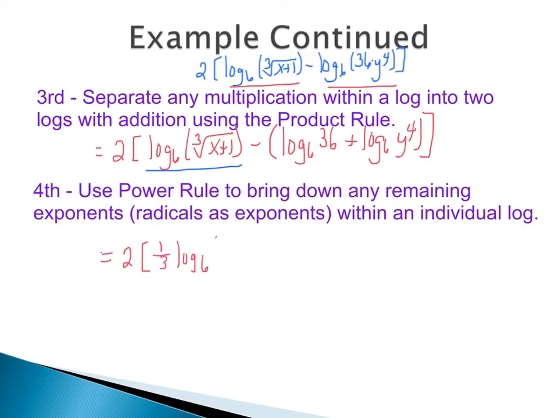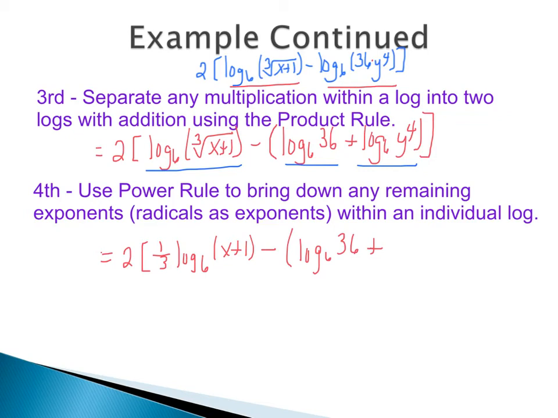log base 6 of (x plus 1), so again I'm putting it in parentheses to show that we're taking the log of the entire piece, minus our second log, which is log base 6 of 36. I don't have any exponents, so that can just stay the same. And then the last log that we have is this log base 6 of y to the fourth.